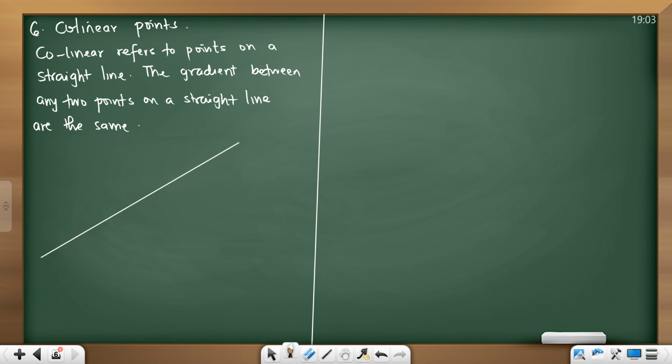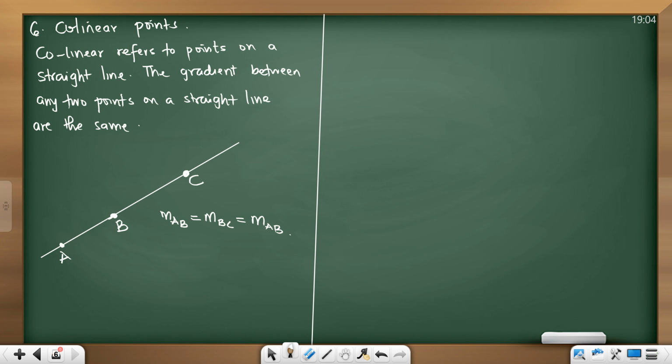I'm going to have a straight line there, and I have points A, B, C. Those points are on a straight line, so they are collinear. Therefore, the gradient of AB is the same as the gradient of BC, which is also the same as the gradient of AC. Any two points that we can create, the gradient would be the same.